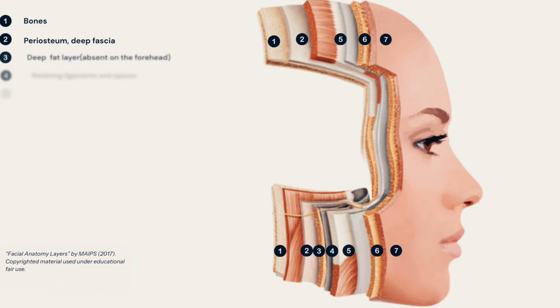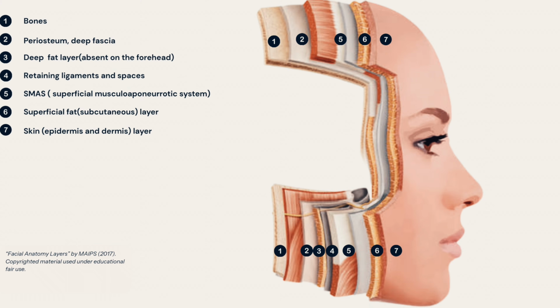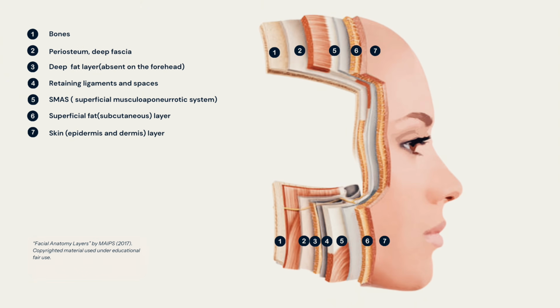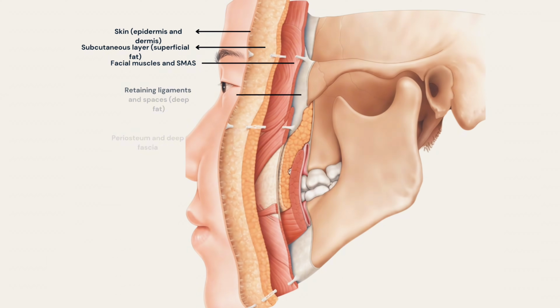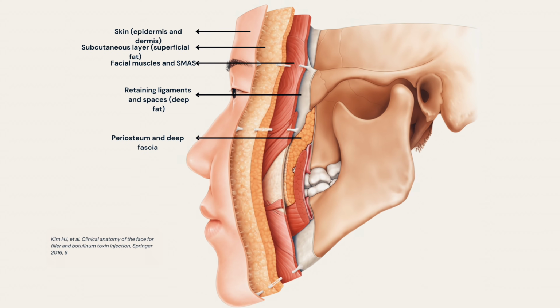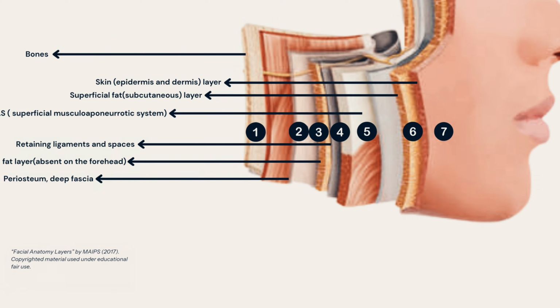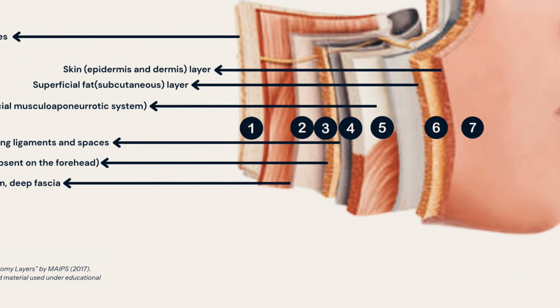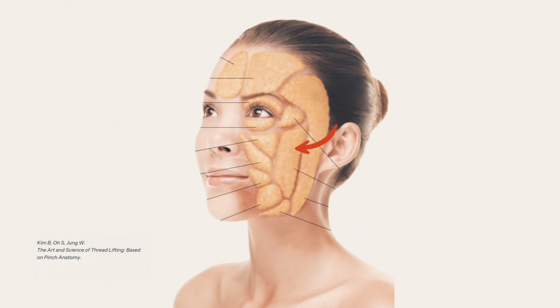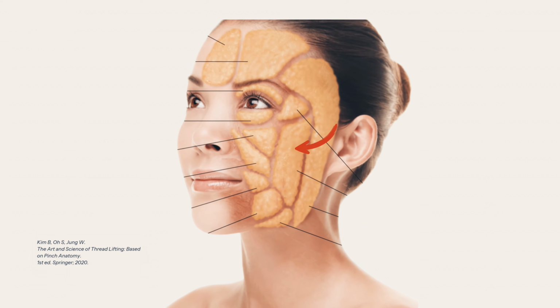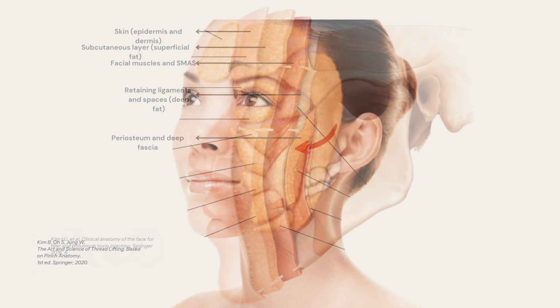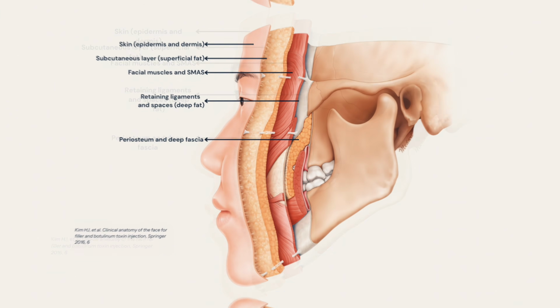During this evaluation, there are 6 key anatomical systems you must understand. Bony structure. It forms the skeletal framework of the face and serves as the foundation for all volumization decisions. Retaining ligaments. These suspensory systems help prevent facial sagging. Fat pads. They define the volume and contour of the face, but shift or diminish with age.